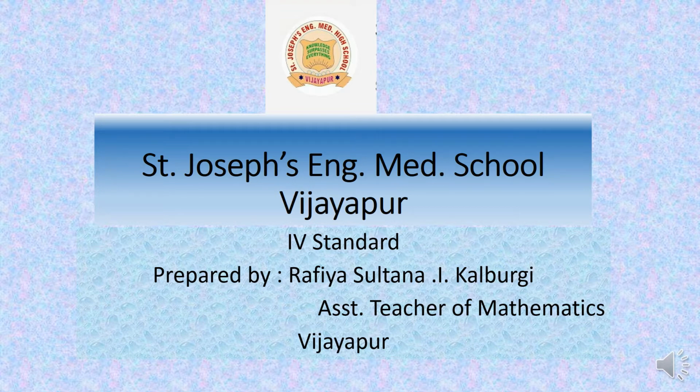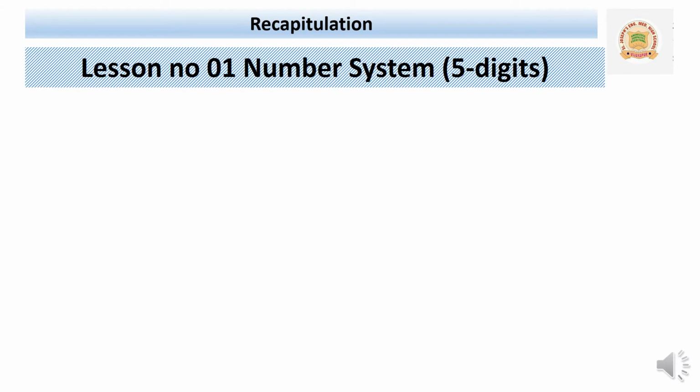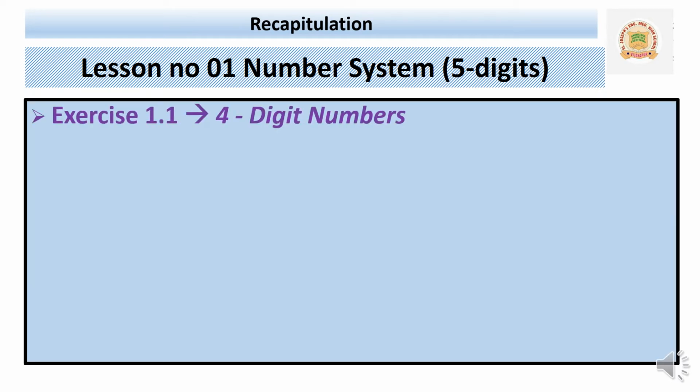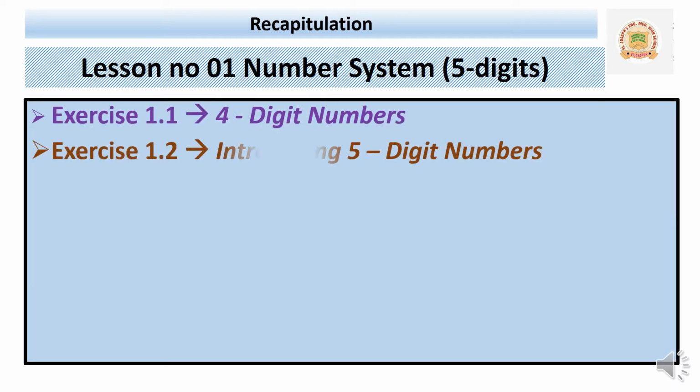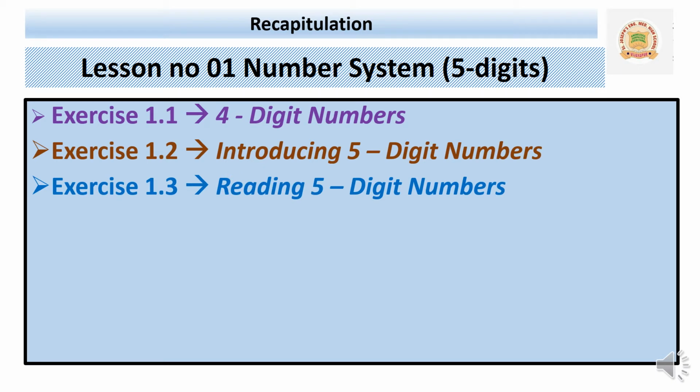Student, in the last sessions we have learned lesson number 1. Let me recapitulate what we have learned in lesson number 1. We learned 4-digit numbers, and second exercise introduction of 5-digit numbers. In the third exercise, reading the 5-digit number.